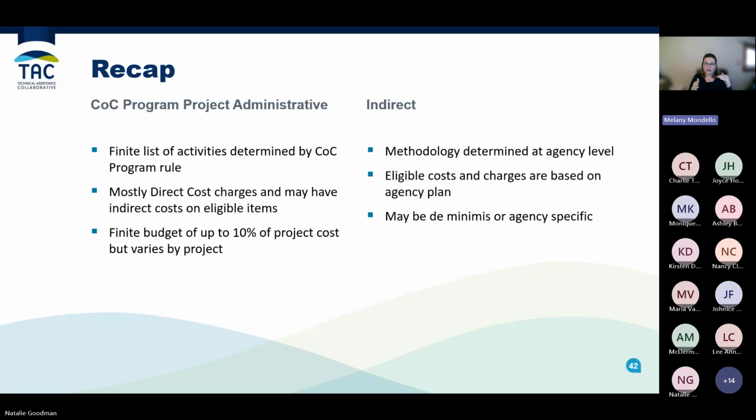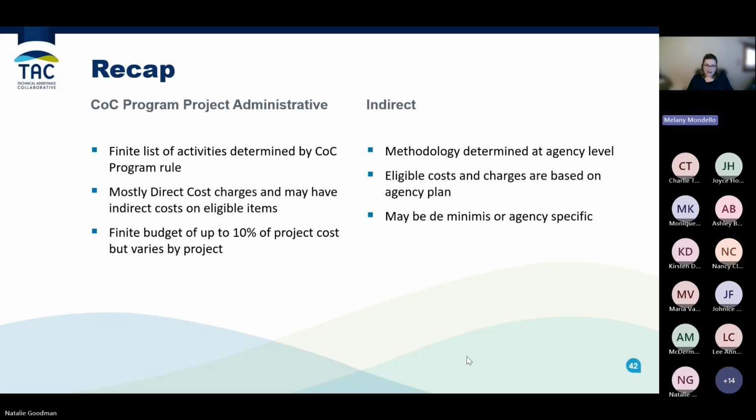And then, depending on the modified cost base, there could be that de minimis charge on top of that. So there can be indirect charges in your project administrative budget line item. That's why it's really important to think of them separately. It'll be easier now that project administrative is up to 10% and indirect was changed last October. It's 15%. Hopefully that will help people keep it a little bit separate in their minds.